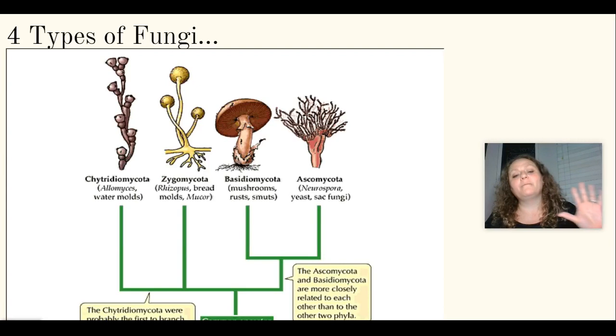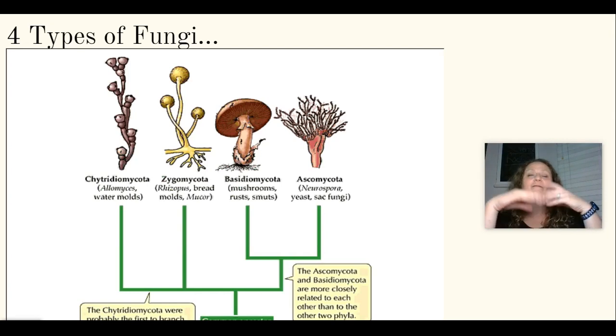There are four basic types of fungi. You are not required to know these types, but I did want you to recognize that there are different types. You're going to have some that have that thread-like appearance. These are going to be things like our bread molds. You're going to have some that have your traditional, classic mushroom shape.